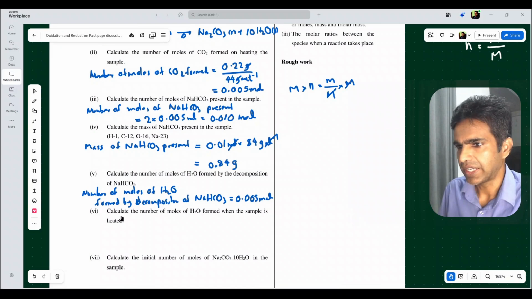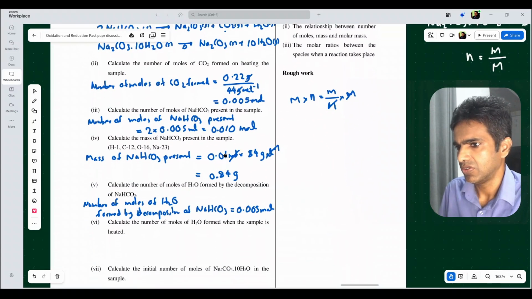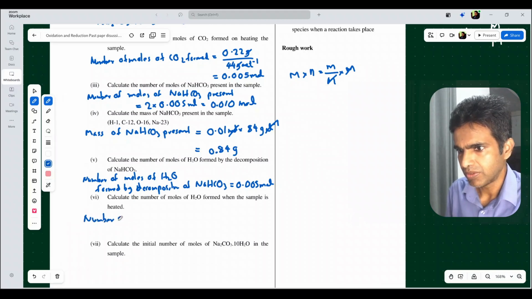Then sixth part, calculate the number of moles of water vapor formed when sample is heated. So it is given that mass of water vapor is 3.69 grams. So we can calculate number of water vapor formed.